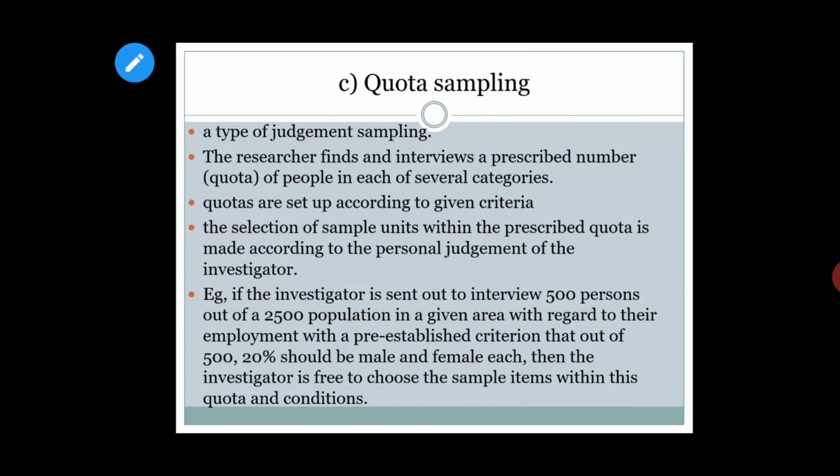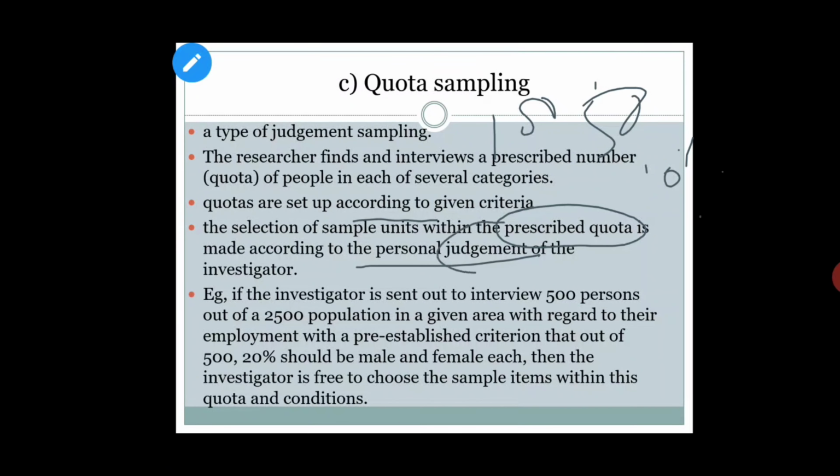Quotas are set up according to given criteria. The selection of sample units within the prescribed quota, the quota can be 50, 10% or 1,000 people, is made according to the personal judgment of the investigator.